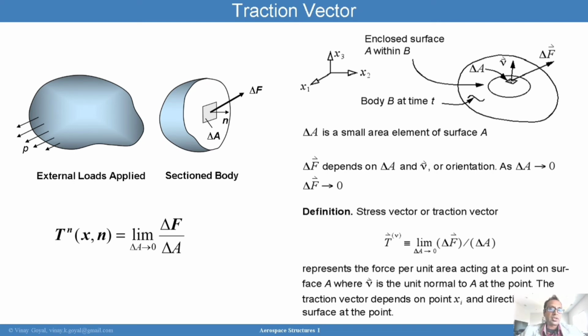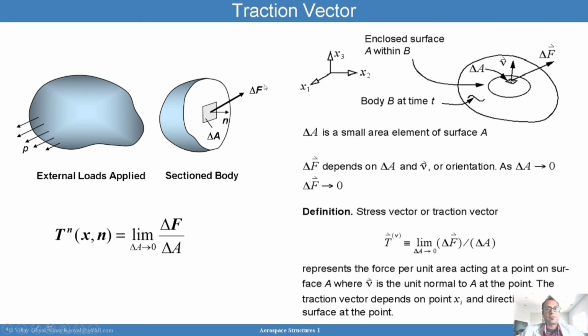We want to examine that and see if we can apply some of those fundamental concepts here. When I section that body of material and look at a small area here, delta A, I will expect a delta force F, which is a vector that has a magnitude and direction, acting on that delta area. And that surface area is going to have a normal that defines that surface orientation.